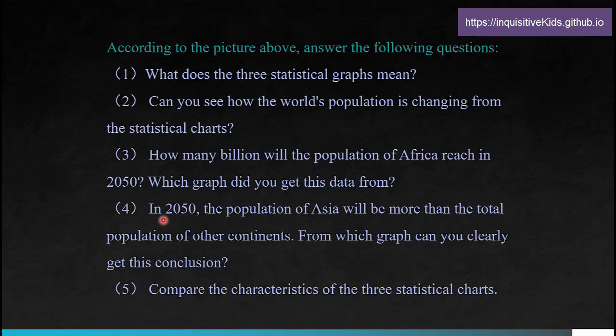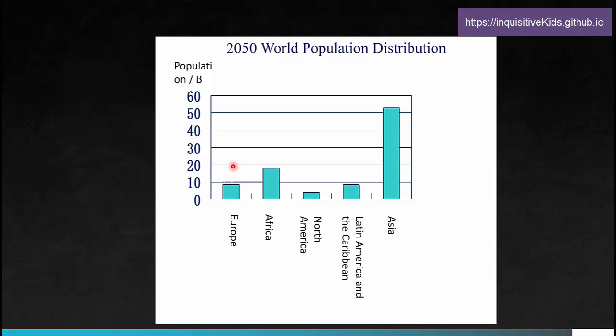Problem 4 asks, in 2050, the population of Asia would be more than the total population of the other continents. From which graph can you clearly get this conclusion? So you could stack these up, I guess, and look at how Asia is going to be taller than the other continents.